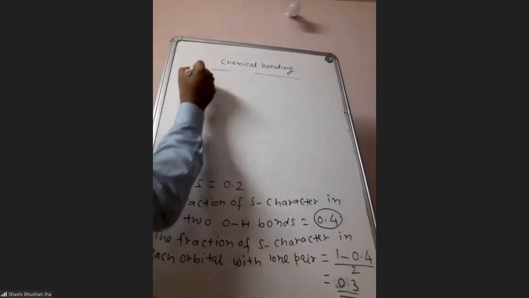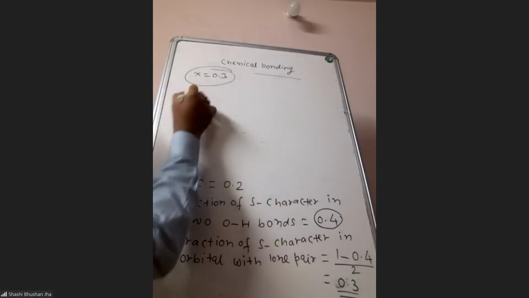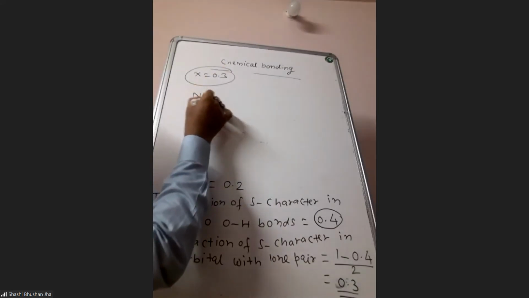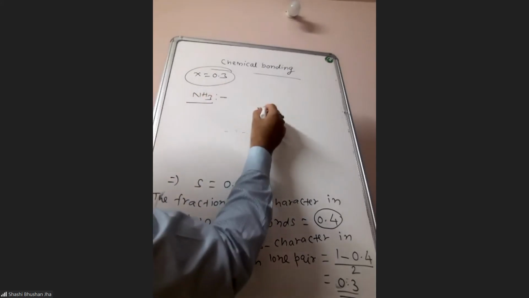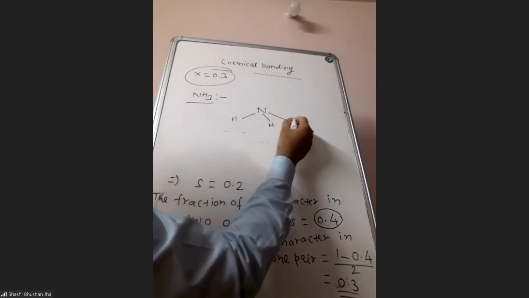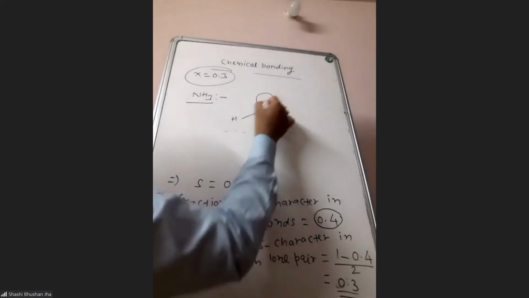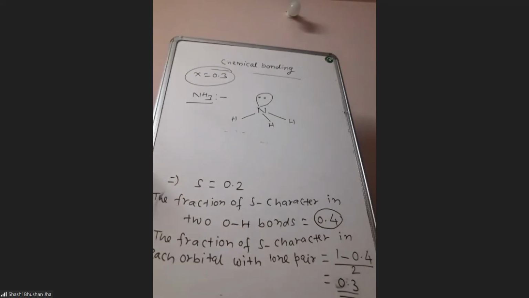Now similarly we will do for ammonia. So X is 0.3, this we got. Now you take ammonia molecule and do the similar calculation. In ammonia, there is only one lone pair on nitrogen.